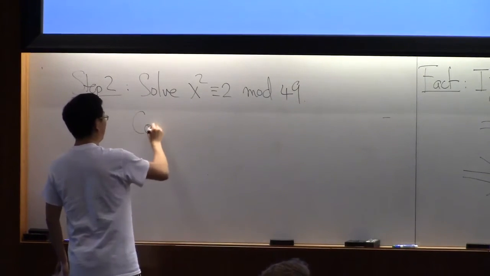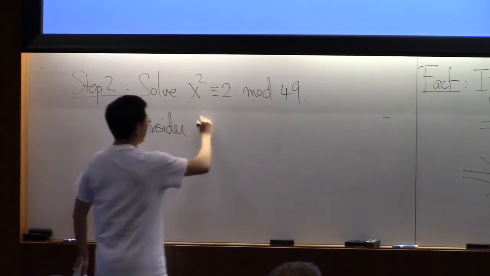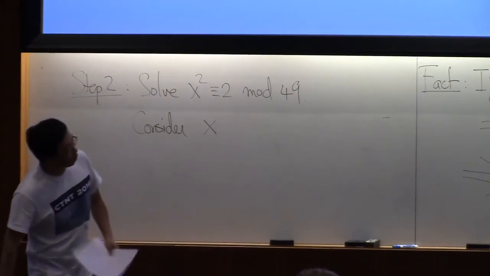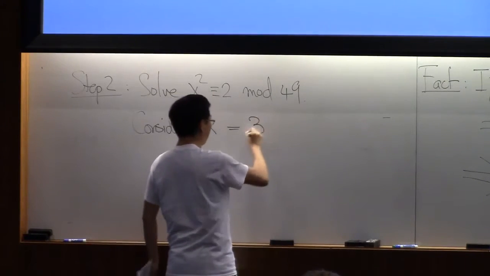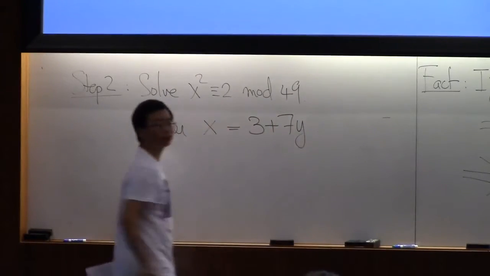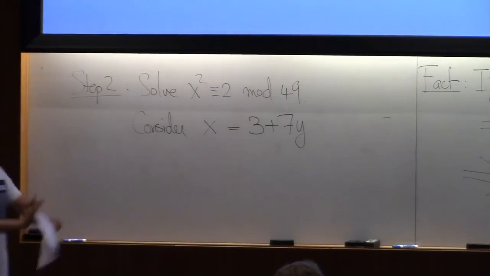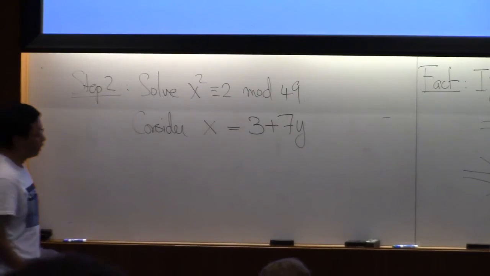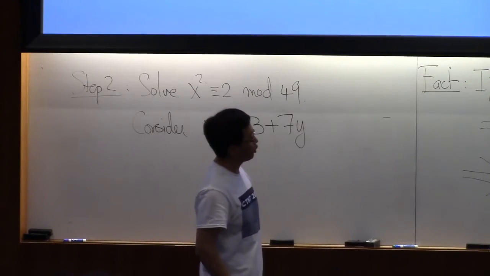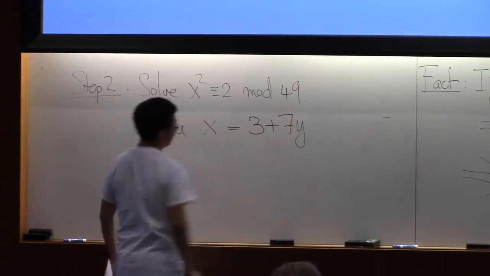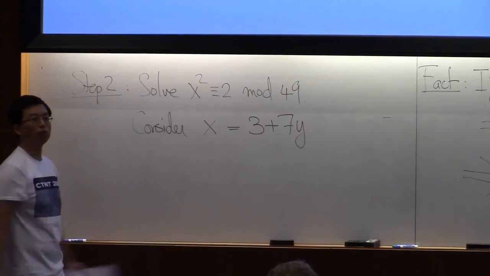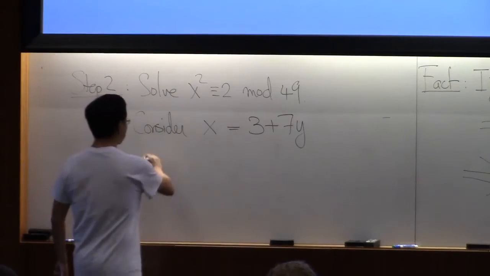We only consider those x's which are already congruent to 3 mod 7. So x looks like 3 plus 7y. I don't consider other possibilities. If we had originally made the choice of x congruent to 4 mod 7, I would start with x equals 4 plus 7y. At some point, we have to make a choice and start this argument.